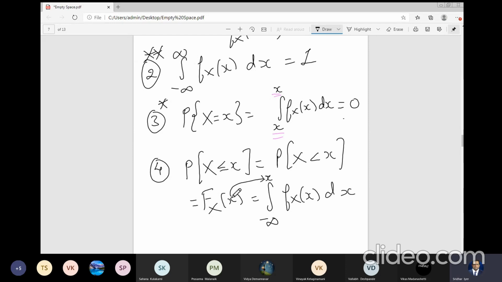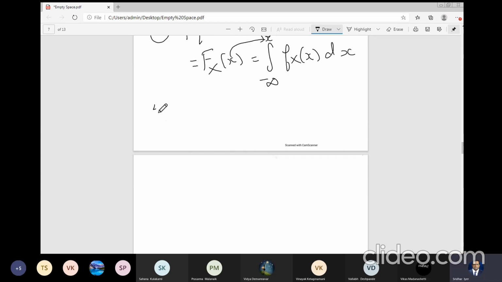And if this value x happens to be plus infinity, this integral value will just become 1. So again, the PDF is giving us the total value or total area under particular points. It is giving us the density. That's why it is known as the probability density function.